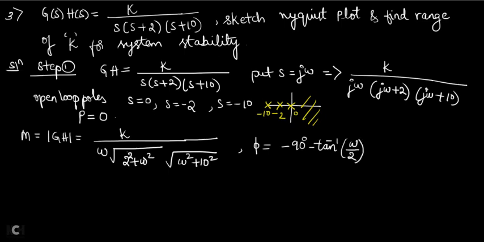Why minus tan inverse? Because it is a denominator term. For the other term, you will get minus tan inverse of omega by 10. Now magnitude and phase angle are over.